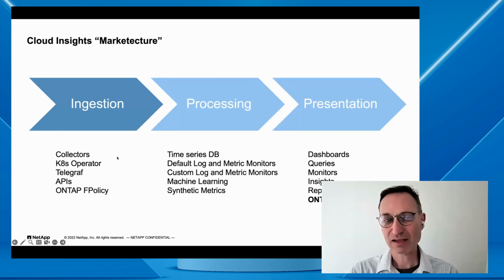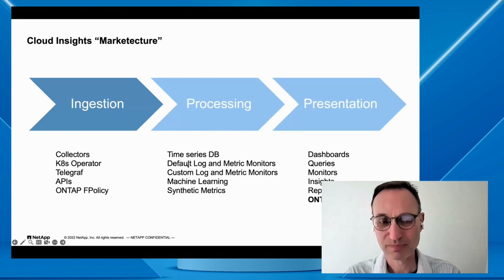Once all of that data is brought into the Cloud Insights service in our data center, we have a wide variety of processing techniques, including analytics, machine learning, monitoring for logs, monitoring for metrics, etc.